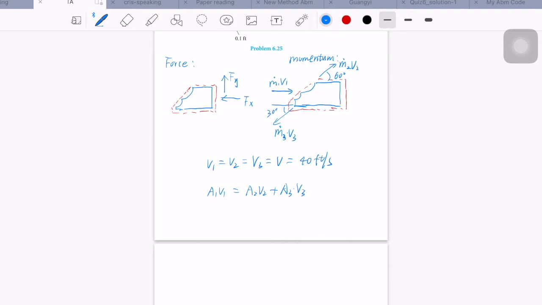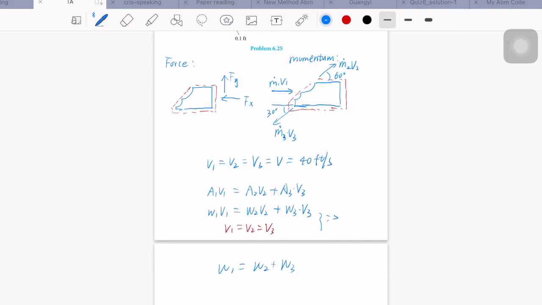So we can write W1 times V1 equals W2 times V2 plus W3 times V3. Since V1 equals V2 equals V3, we can determine that W1 should be equal to W2 plus W3.